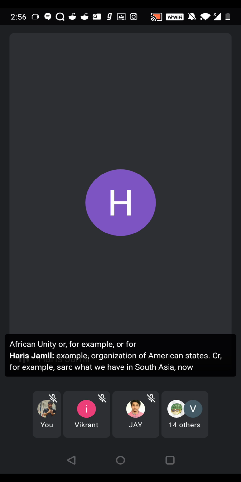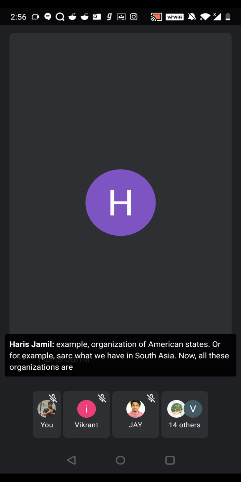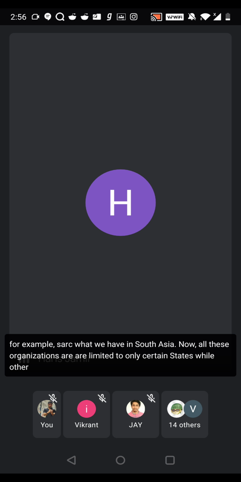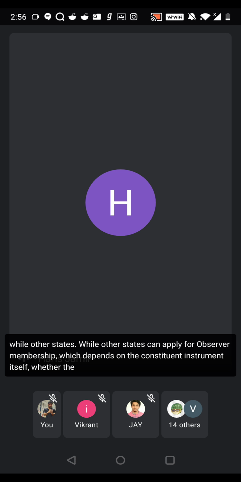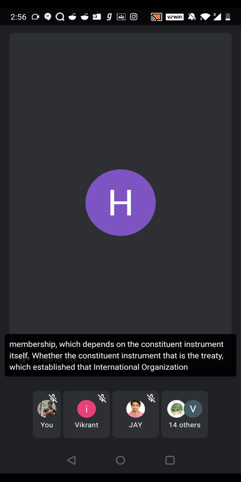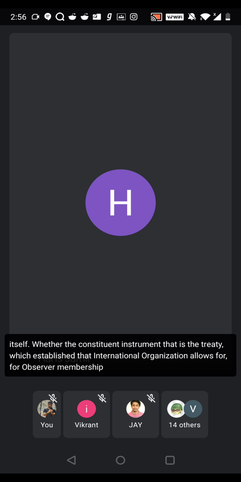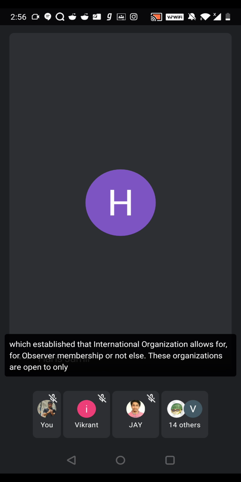All these organizations are limited to only certain states, while other states can apply for observer membership, which depends on the constituent instrument itself, that is, the treaty which established that international organization, and whether it allows for observer membership or not. Else, these organizations are open to only certain kinds of countries.